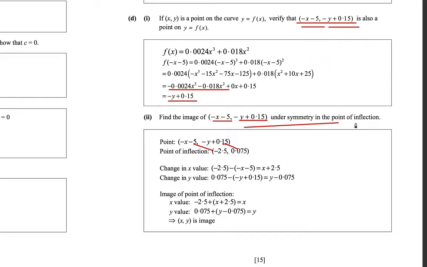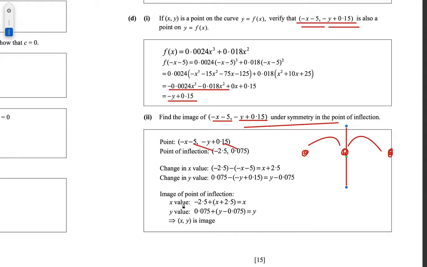So then you do that again. You add that same amount because it's a symmetry. If this is our point of inflection, and this is our minus x minus 5, minus y plus 15, this is what we added to get here. And now we add the same thing to get the image, where this is like our line of symmetry, like a mirror. We have to add the same thing to make it equal and opposite, to make it look the same but on the other side of this mirror here.